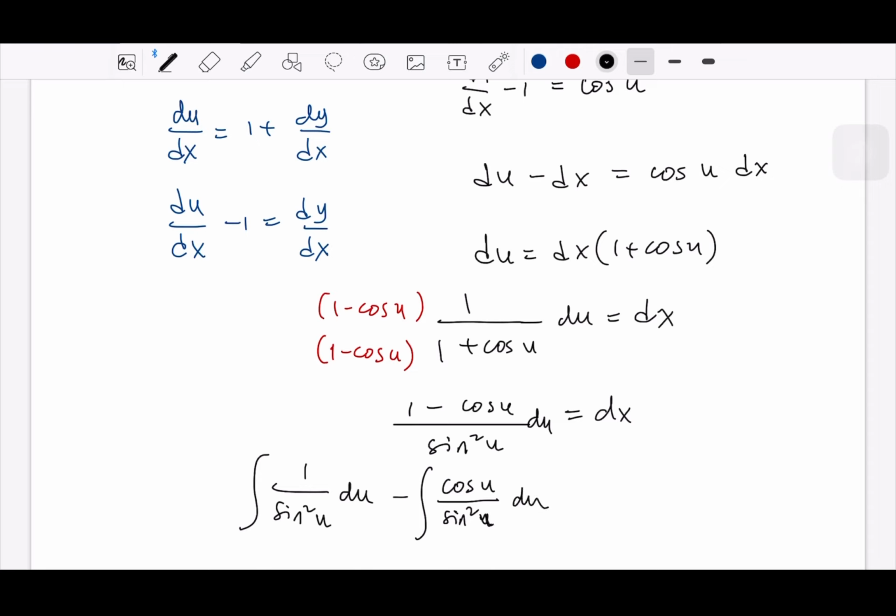I think we can integrate this, right? And I think we can also write this as cosecant, cotangent. But if you're not familiar, I think you can just integrate this using regular substitution. I think it's still okay. And this is equal to x plus c. Okay.